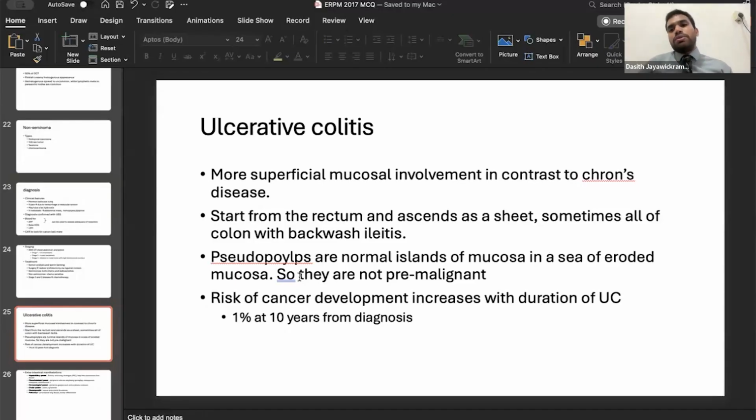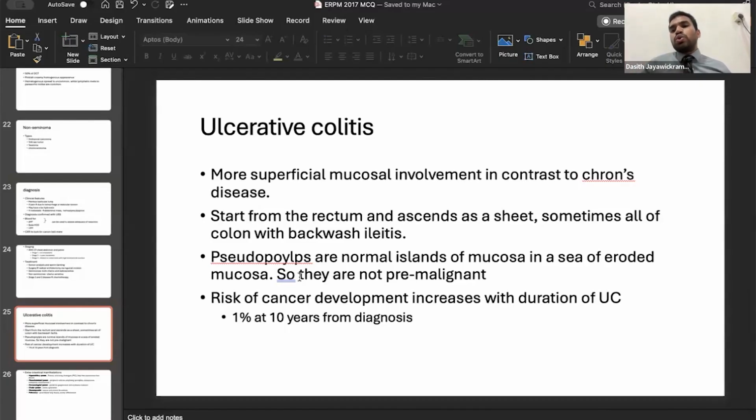What are pseudopolyps? When an entire sheet of mucosa is involved, some parts, like small islands of mucosa, might be spared. Imagine in a sea of damaged mucosa, small islands of intact mucosa are preserved. Those are called pseudopolyps.